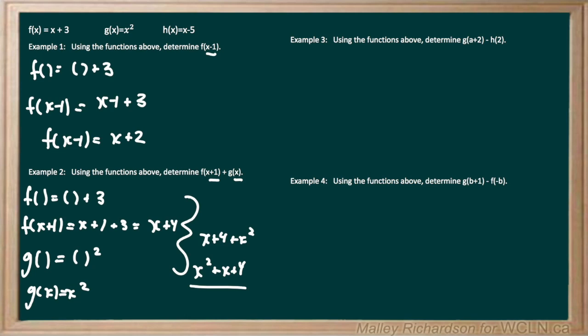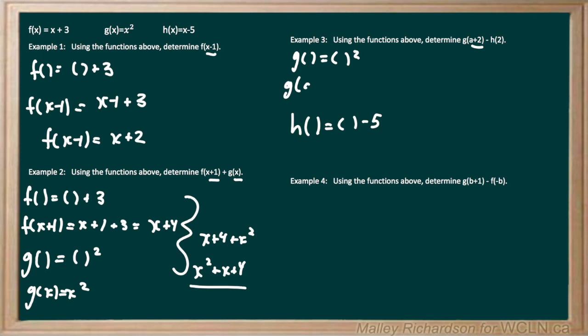Moving on to example 3, they want us to use the functions above to determine g of a plus 2 minus h of 2. So again, we're going to use our g of x function, and then we're going to use our h of x function. Going back to our g of x function, we're going to have our new variable of a plus 2.